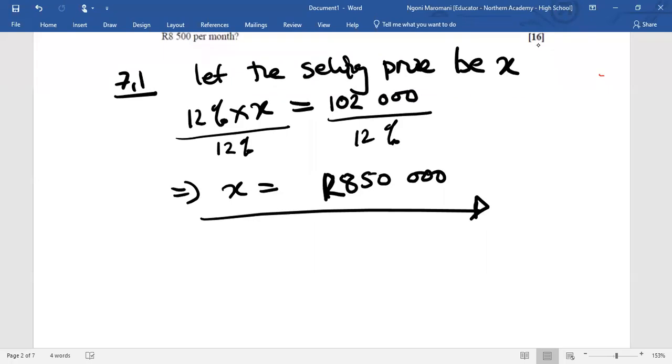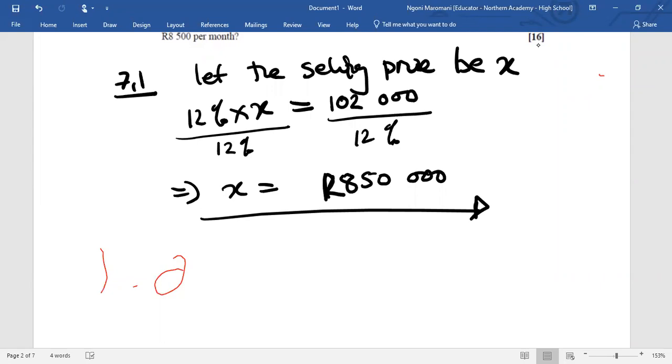You are allowed even to write on the screen. 12%... You said 102 divided by 12%, and times 100.